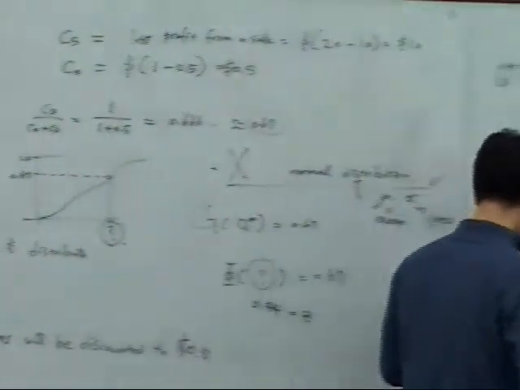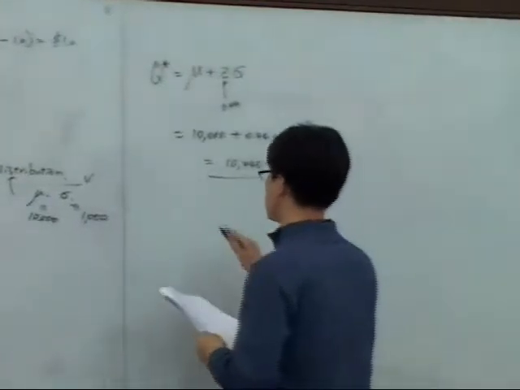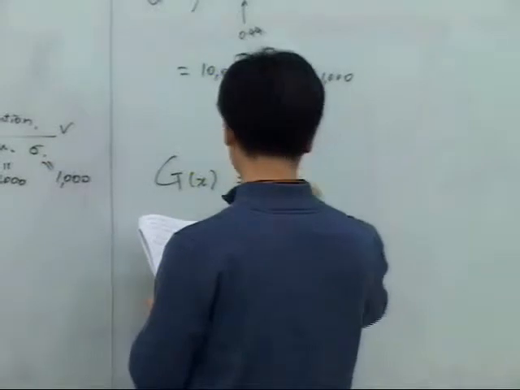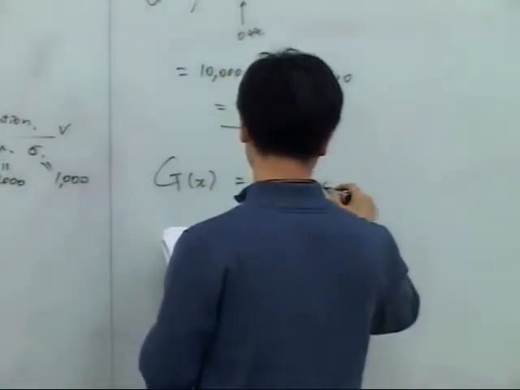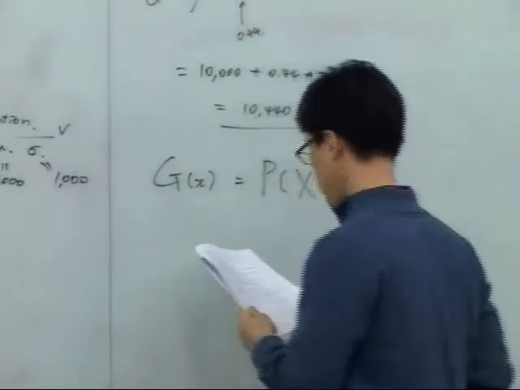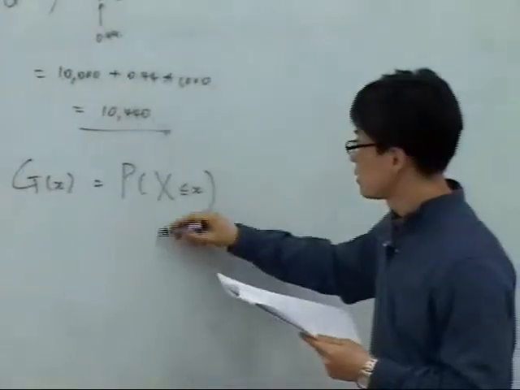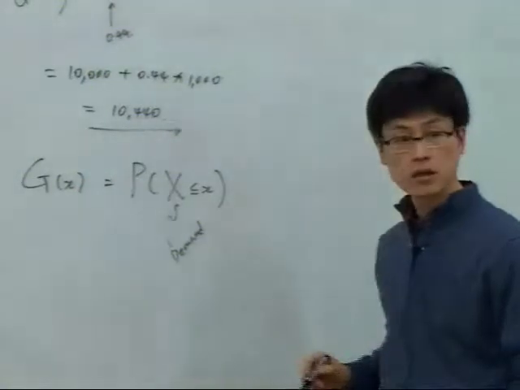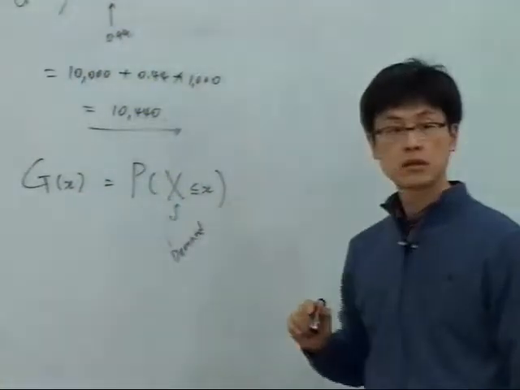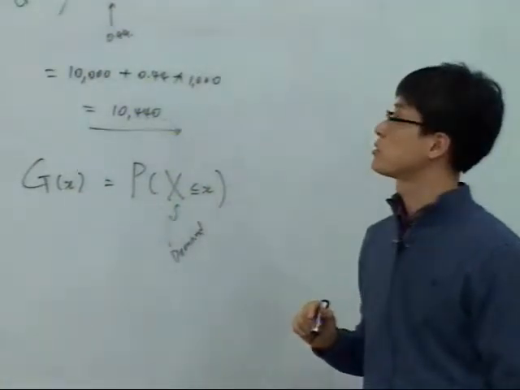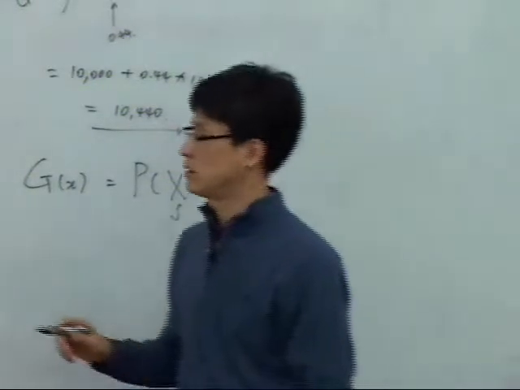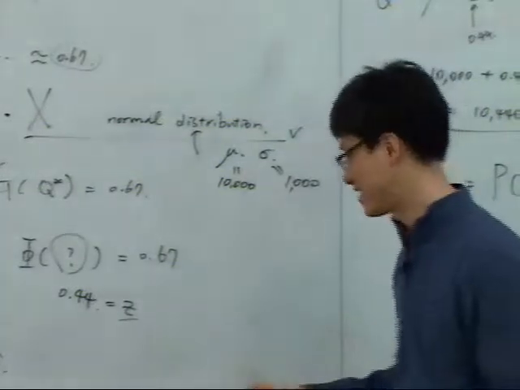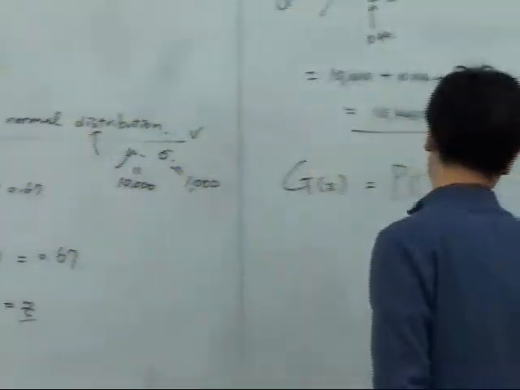In the definition, we defined this Gx like this, this is demand. Oh, sorry, not G, Z. Z. Sorry.